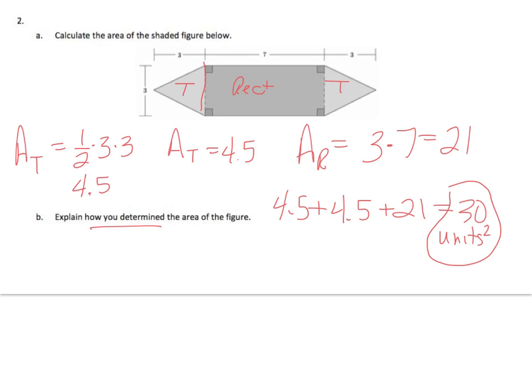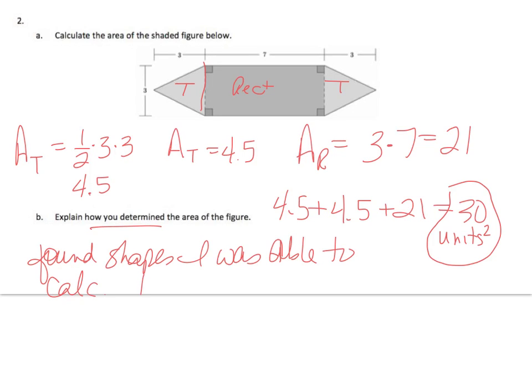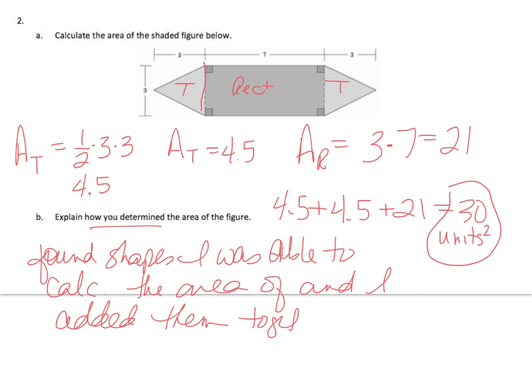Well, I found shapes I was able to calculate the area of, and I added them together. So really the sum of the shapes, 2 triangles and a rectangle.